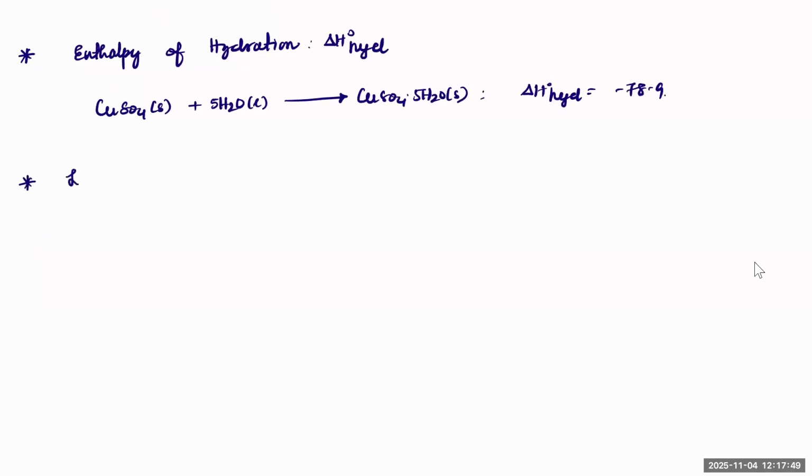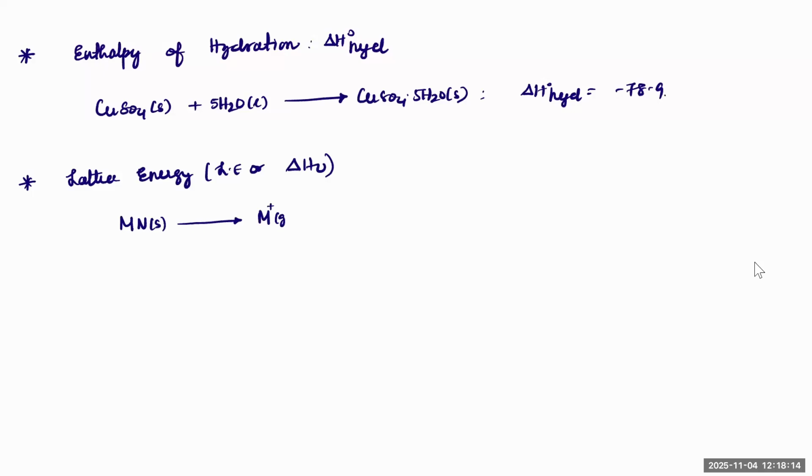Now, what is lattice energy? Lattice energy मैंने ऊपर लिखा है already. Lattice energy can be written as LE or delta H of U. So lattice energy is basically, if you have any salt like MN salt here, correct?